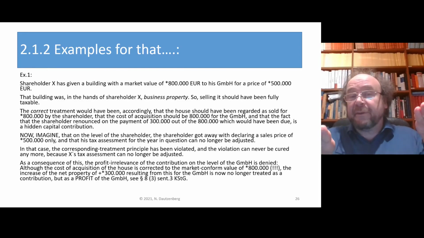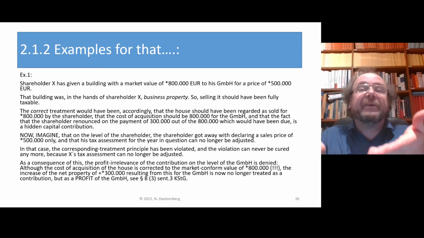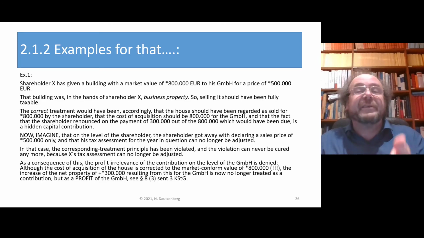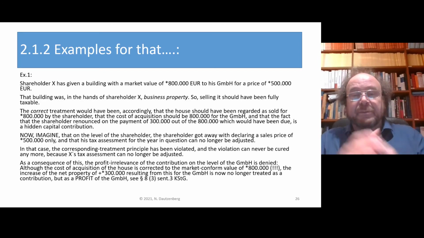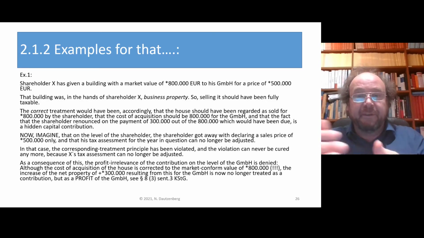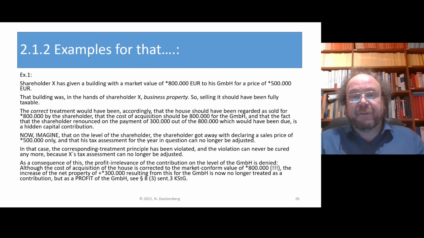Now the equity on the liability side of the balance sheet automatically goes up by these 300,000. Normally now we would say this increase of 300,000 is due to a contribution, is not relevant for profit, but here the corresponding treatment principle has been violated, or it says if the corresponding treatment did not happen, if the negative consequence was ignored, so if the shareholder had not taxed the full 800,000, then the GmbH will have to treat the contribution as taxable profit.